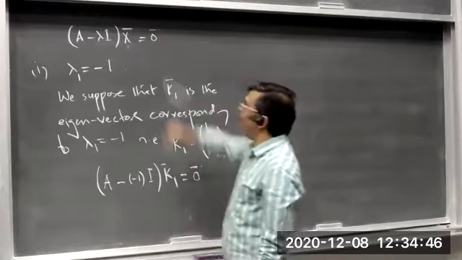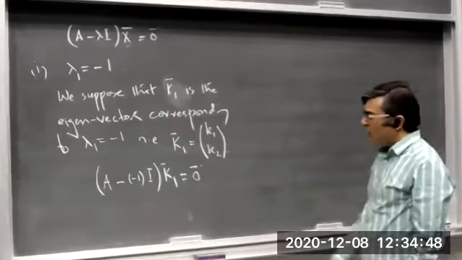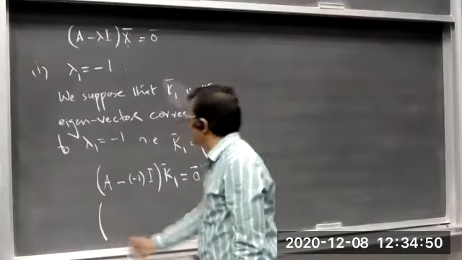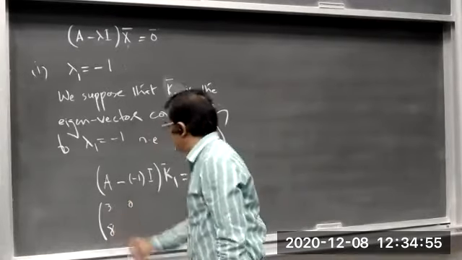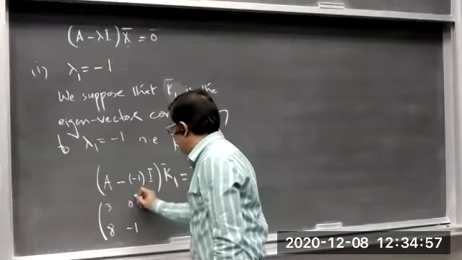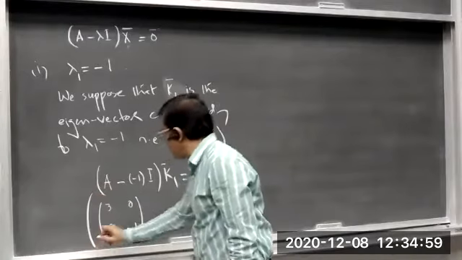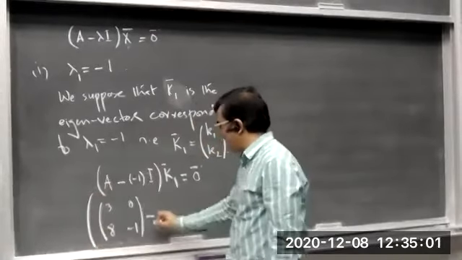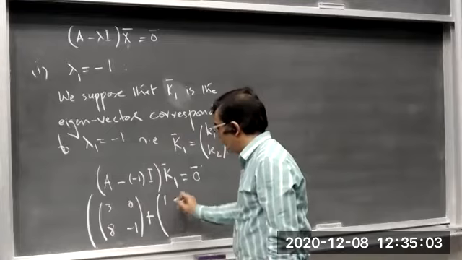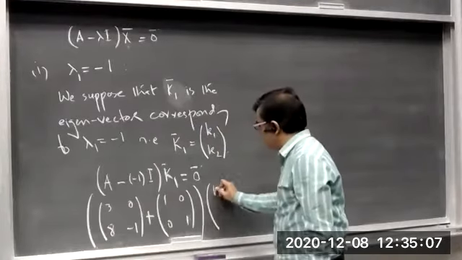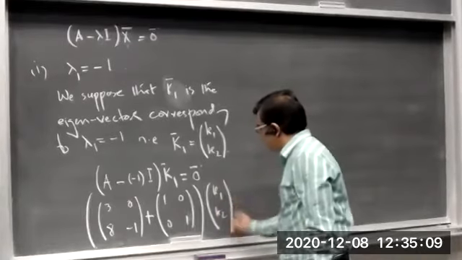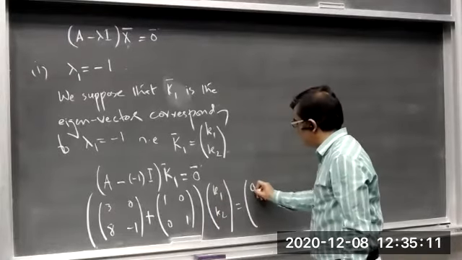After putting the values, A is 3, 0, 8, minus 1, plus I, 1, 0, 0, 1. This whole times k1, k2 equal to 0, 0.